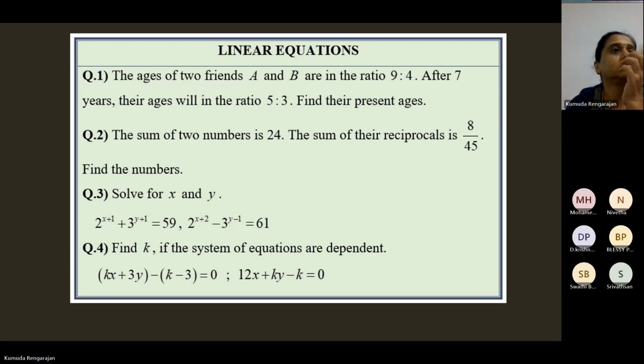Finished? Yeah, what are the two numbers? Can you hear yourself? 5 means it is? Okay. The numbers are 15 and 9.